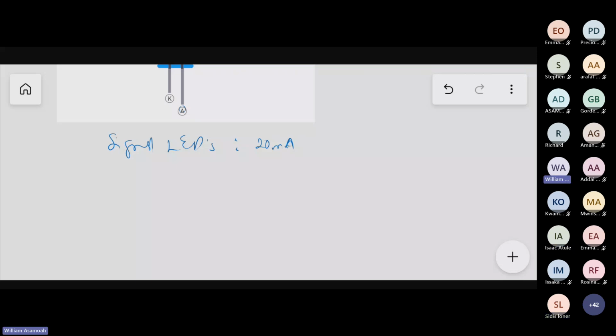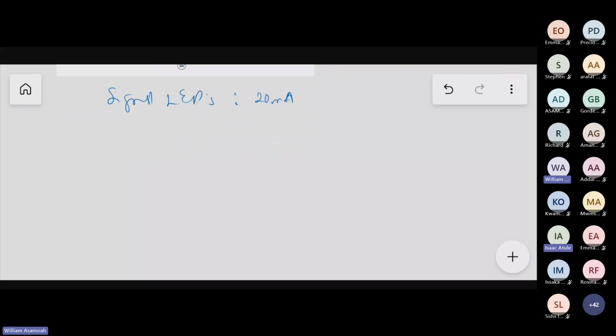Any current below this, it will not be at full brightness. So take note: make sure it's not exceeding 20 milliamperes. In fact, the threshold is actually 25, but let's take 20 to be on the safer side.